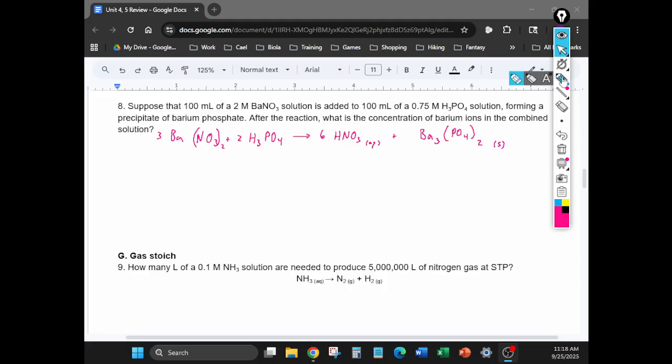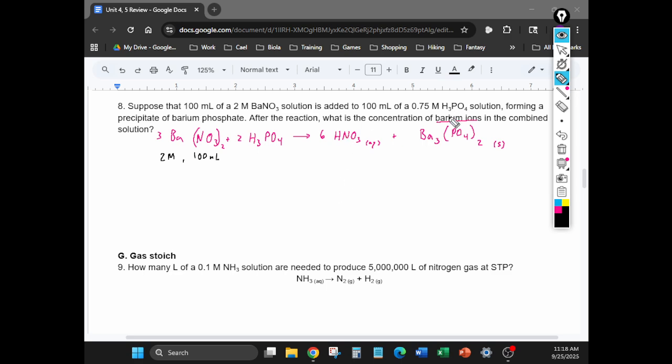The question is asking, after the reaction, what is the concentration of barium ions in the combined solution? In order to solve this, we first have to figure out what the concentration of the ions was to begin with. The problem tells us that we start with 2 molarity and 100 milliliters of barium nitrate.